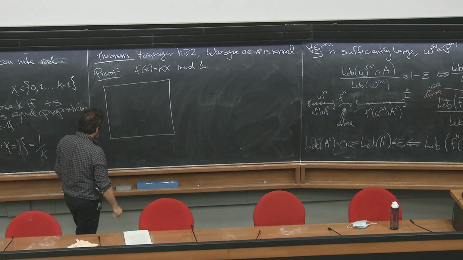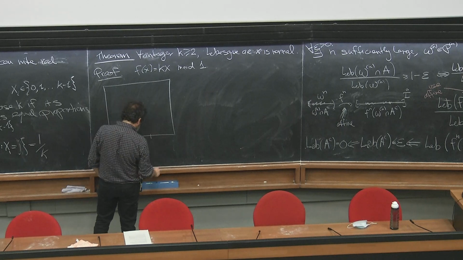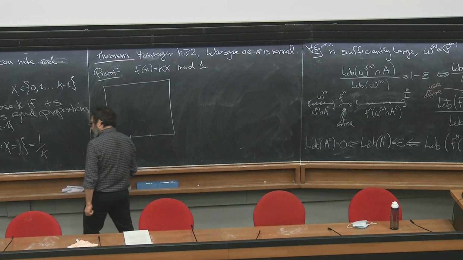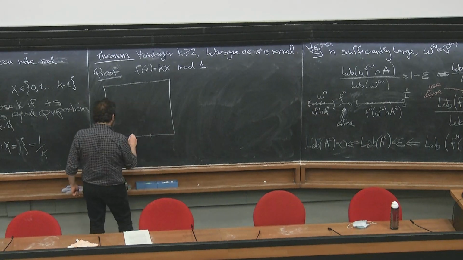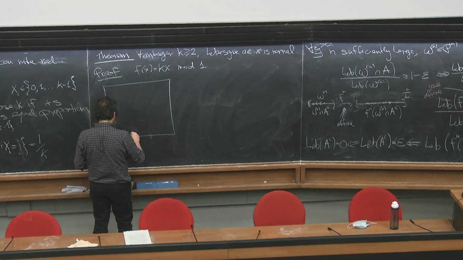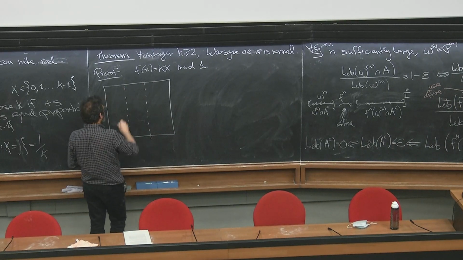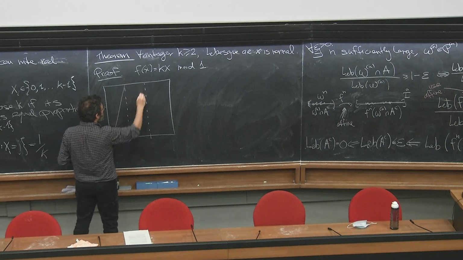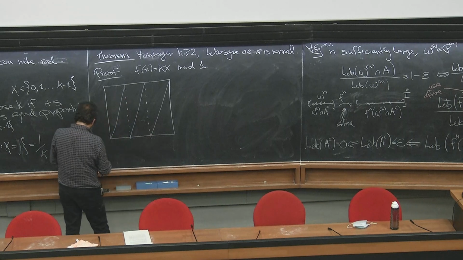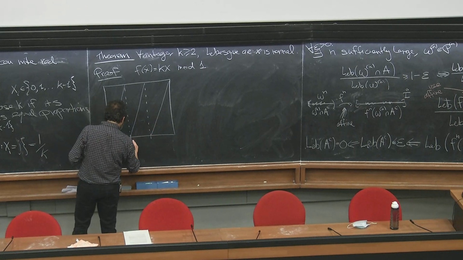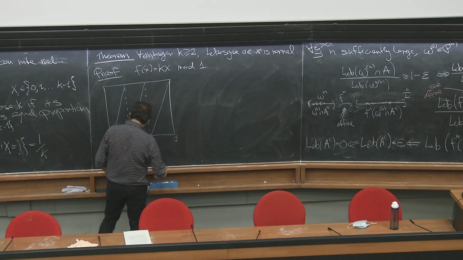So let's just take k equals 3 for simplicity, just as an example. But you can easily do it for the other branches, right? So this is 0 to 1/3, 2/3, and 1, okay?